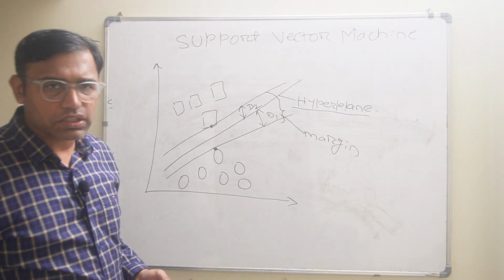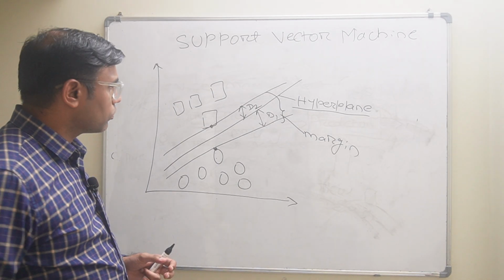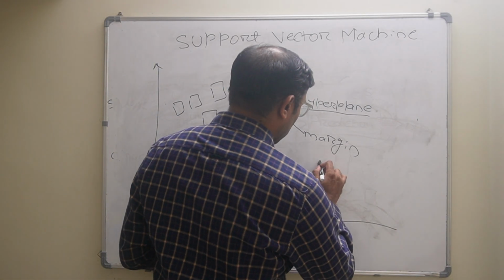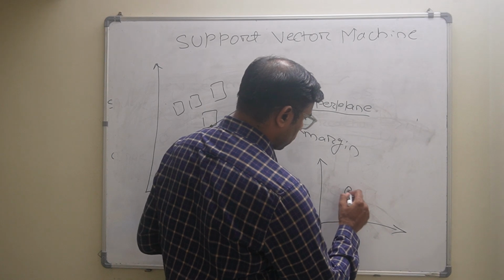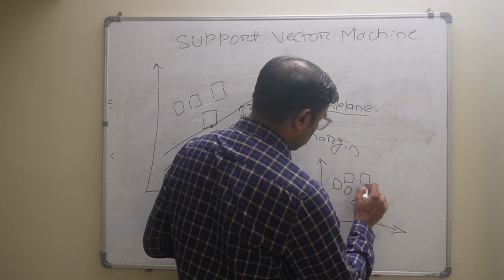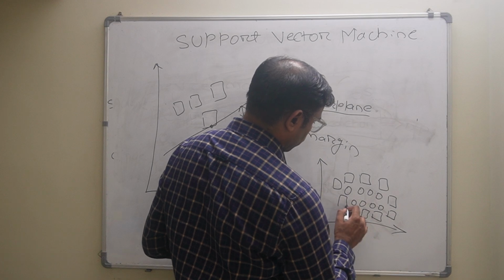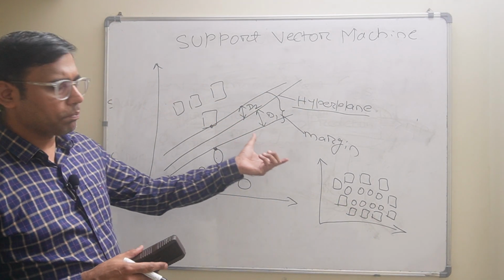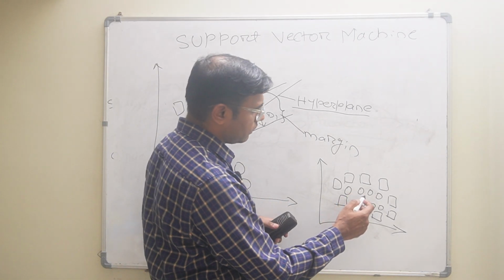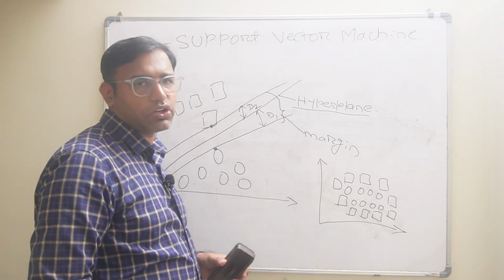Now I will tell you what are the categories of support vector machine. There are two categories: linear SVM and non-linear SVM. So let us see what is linear SVM and what is non-linear SVM. So I will draw one more graph here. If you compare these two diagrams, here also there is differentiation between circle and square, but in this diagram we cannot draw any decision boundary or hyperplane.